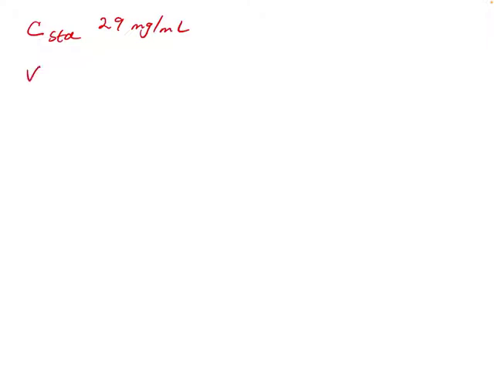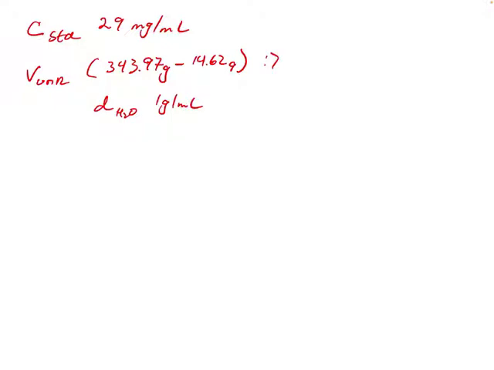The volume of our unknown is first obtained from 343.97 grams minus 14.62. And that's the mass of water. And we need to remember that the density of water is 1 gram per milliliter.